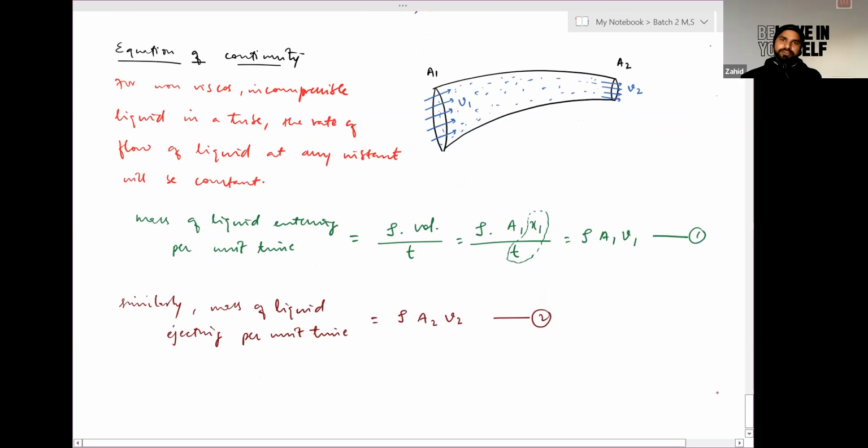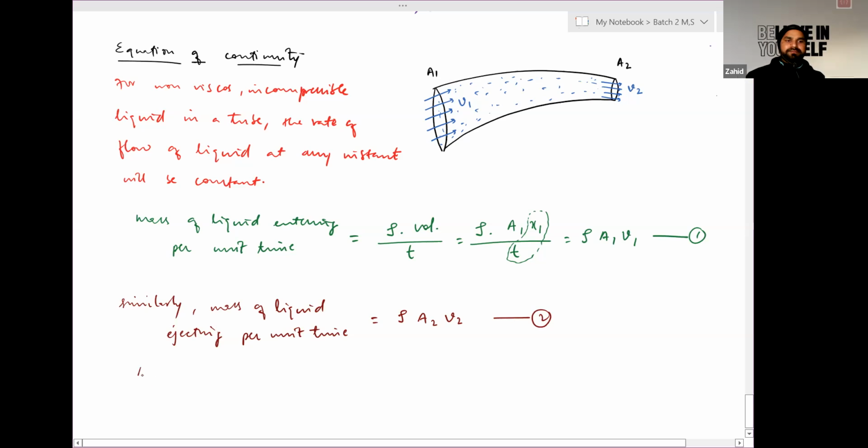Now, according to conservation of matter, the amount of liquid entering at this first end must be equal to the amount of liquid ejecting out at this other end.